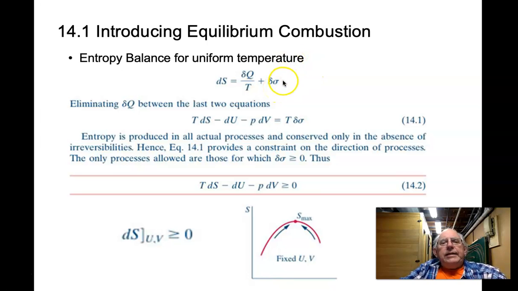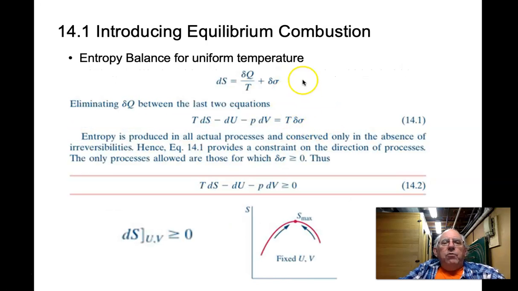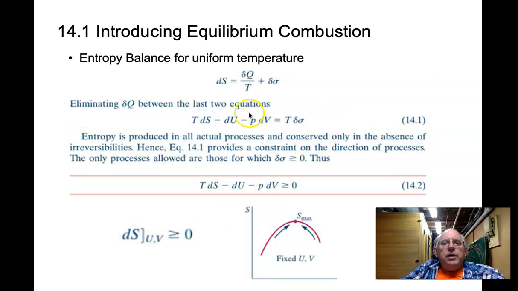And now by taking this term and the previous term, we can rewrite the previous term here. We can substitute the delta Q, and upon doing that, we can show that this relationship holds between the last two equations.